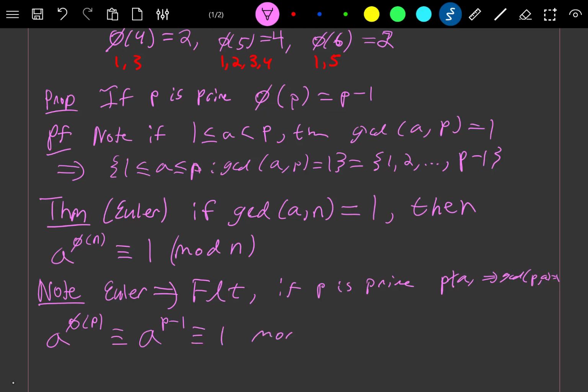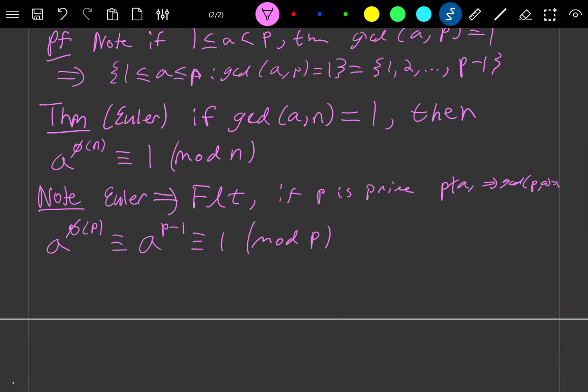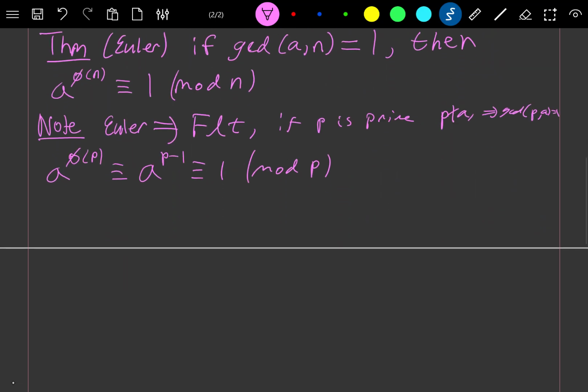This is 1 modulo P. So Euler's theorem implies Fermat's little theorem. Alright, so this is our goal, and let's do this.